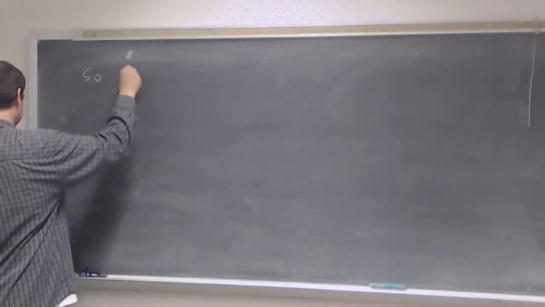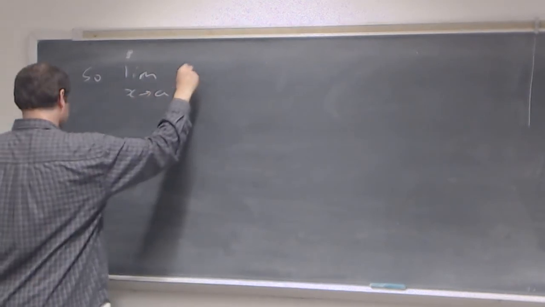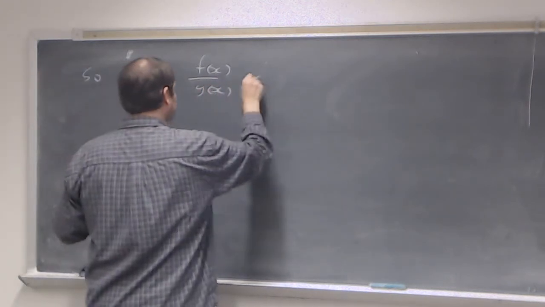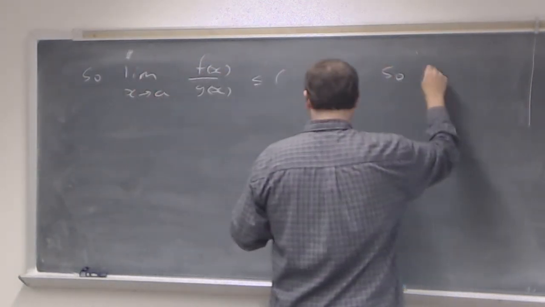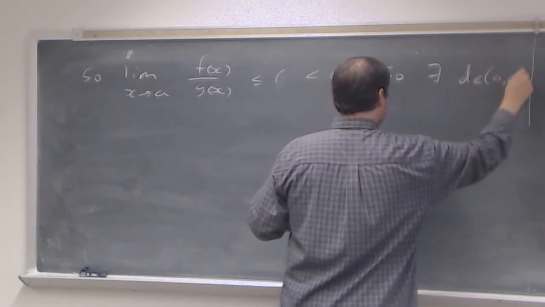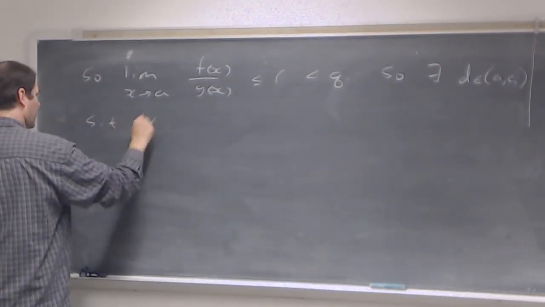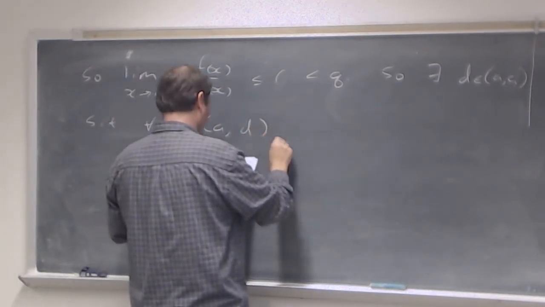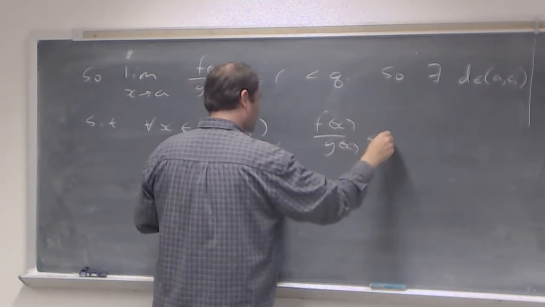So, what we have is that the limit as x goes to a of f of x over g of x is less than or equal to r, which is less than q. And so, that means there exists a d, an element from a to c1, which is going to be good enough, such that for all x an element of a to d, f of x over g of x is less than q.